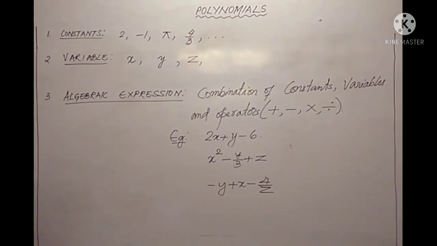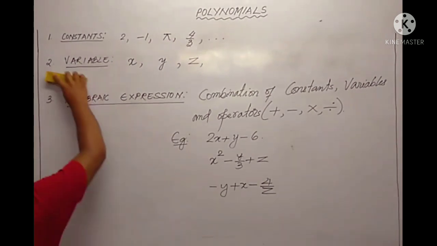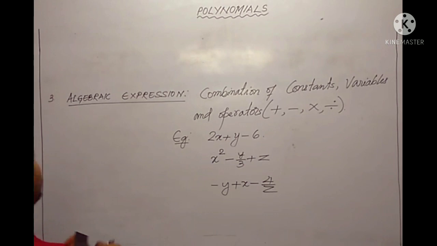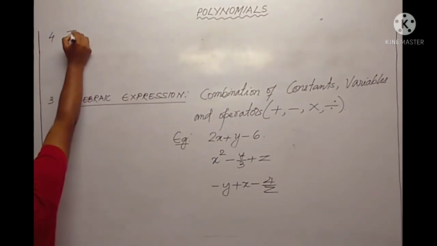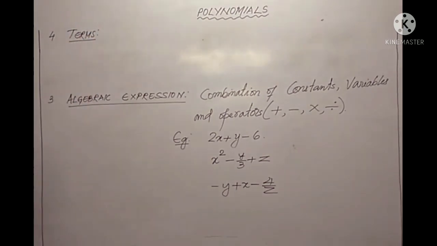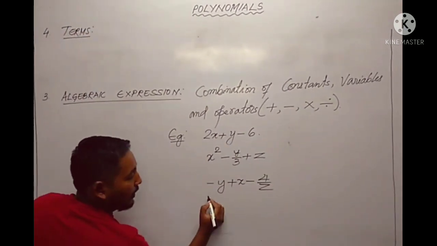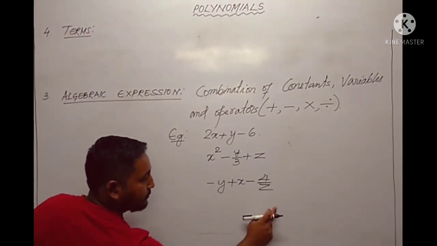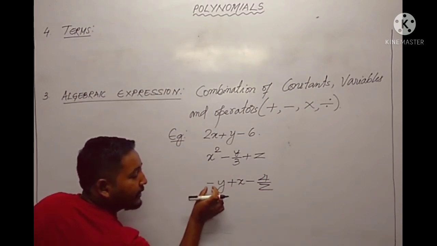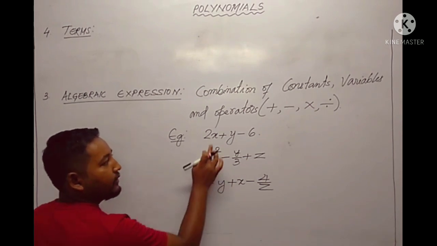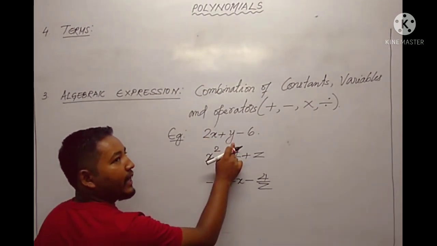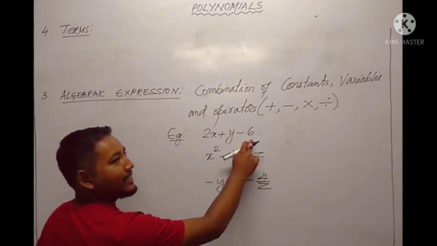The next thing that comes is terms. Now what are terms? If you look at this example, each term is separated by either plus or minus. See here, 2x is one term, plus y is another term, minus 6 is another term.